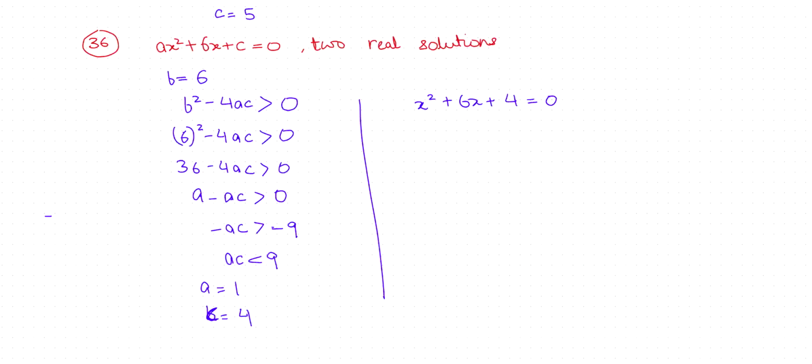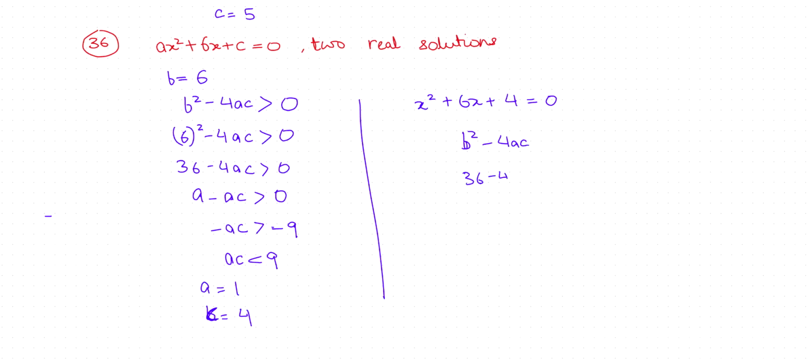So our equation would be x square, a we have put 1, 6x plus 4. Now if we find b square minus 4ac, that would be equal to 36 minus 4 times 4, which is 16.